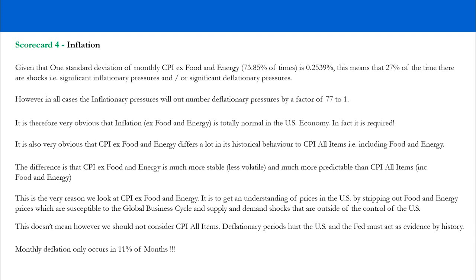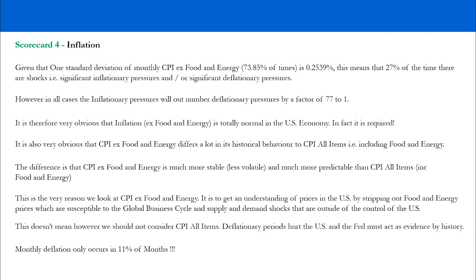It's also really obvious that ex food and energy stats differ a lot in their historical behavior to the CPI all item stats, so including food and energy. The difference is that CPI ex food and energy is much more stable, so less volatile and much more predictable. And this is the very reason why we look at CPI ex food and energy.